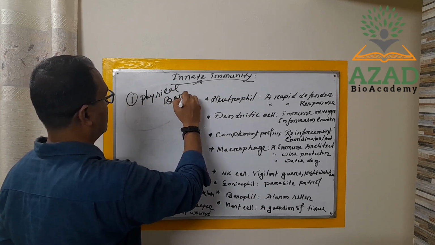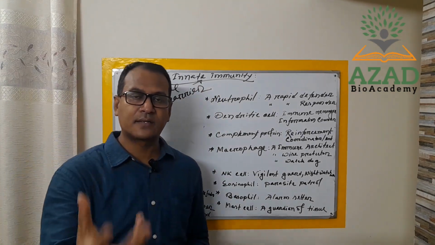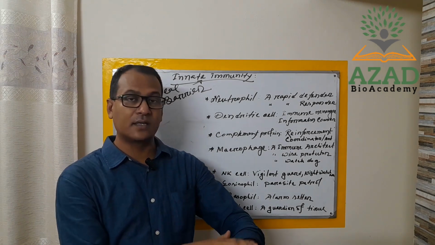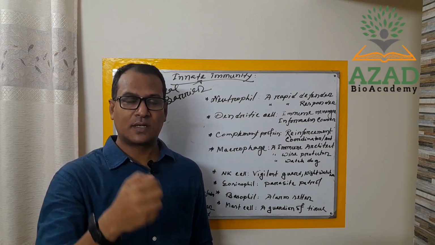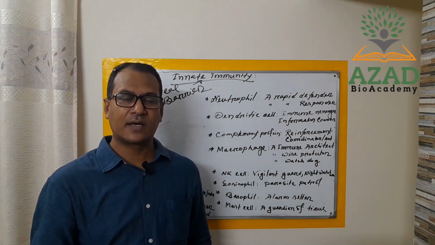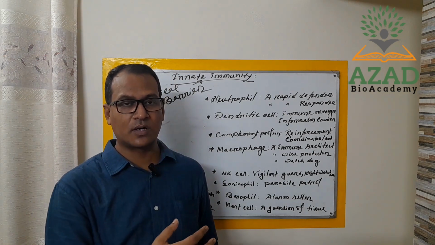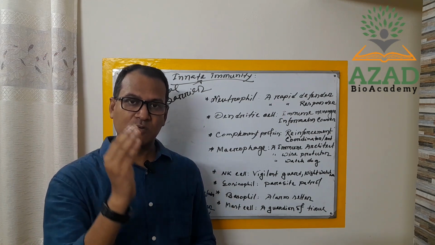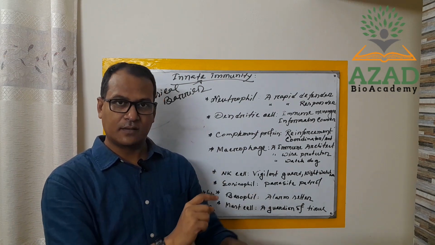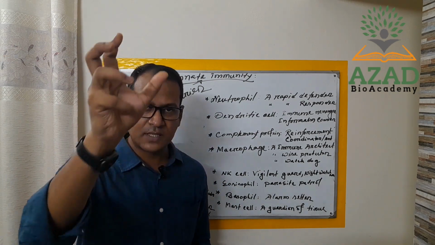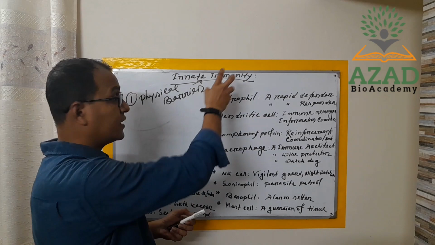Your physical barrier can act as innate immunity, like your skin, and your mucous membrane. Your respiratory tract, your GI tract, and your urogenital organs have mucus, and that mucus will prevent microorganisms from entering your body, as does skin. So these are the physical barriers of your body that are considered innate immunity.